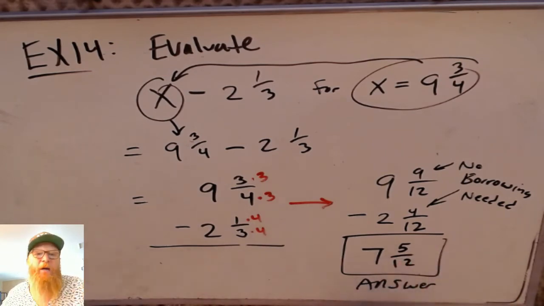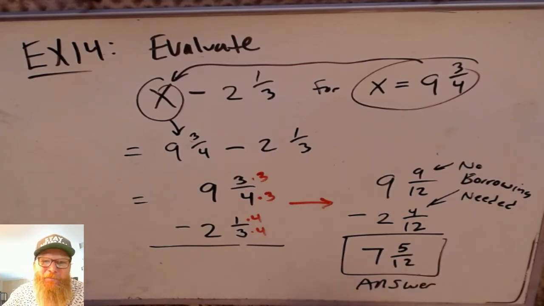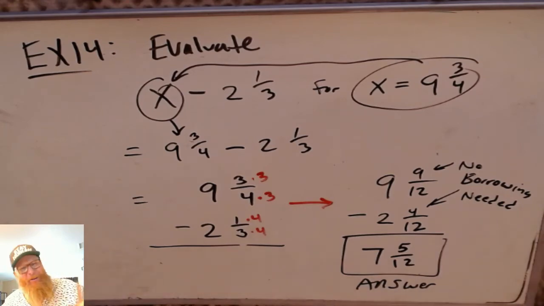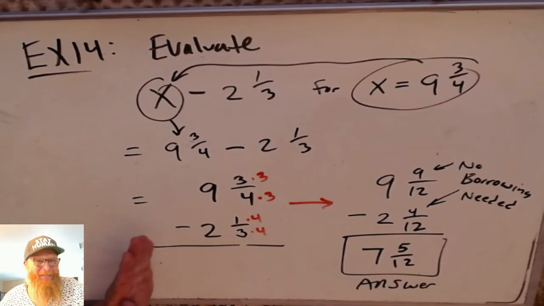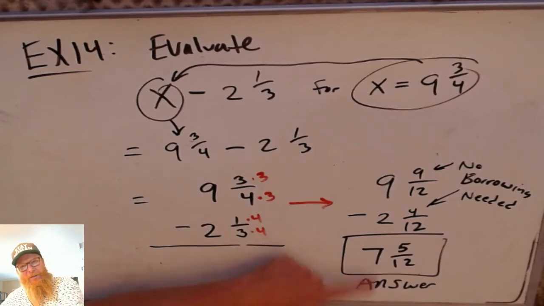If it was 6/12 or 4/12 or 3/12 or 2/12, then I would have to do more work. But with 5/12 you get to stop. There aren't very many 12ths that you get to stop with. You have 5 and 7 and 11. 1/12, 5/12, 7/12, and 11/12. Those are the ones that are irreducible.